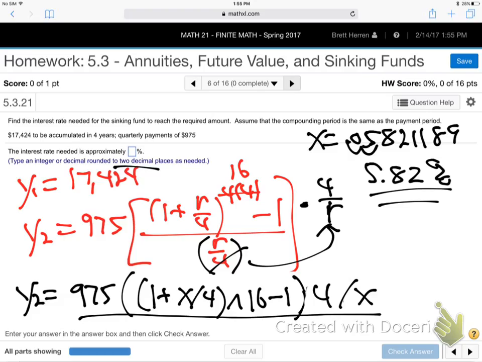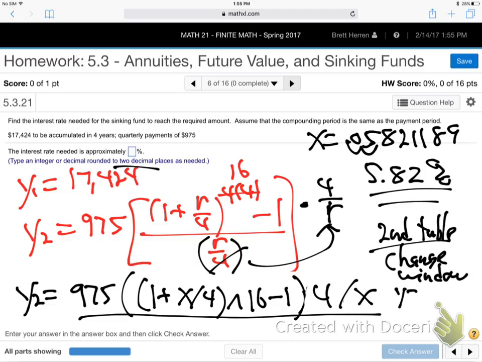And everybody see how to do the window thing? Right? So we hit second table. And then we change our window. And the window that ended up working was Y max like 150,000. That was the main point. And X min was 0, X max was 1, because that was interest rate.